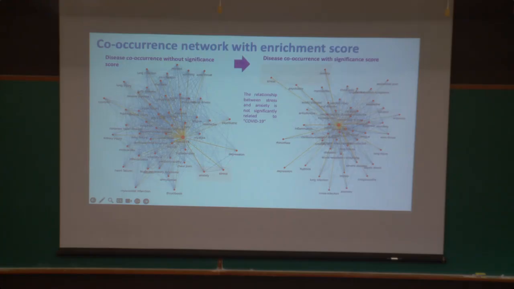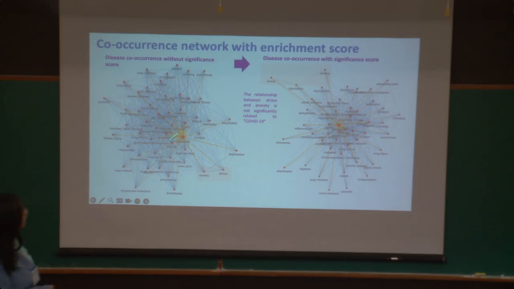And here is also a knowledge graph. For all the entities, we just base on their co-occurrence and construct a weighted network. And here we also propose the enrichment analysis.